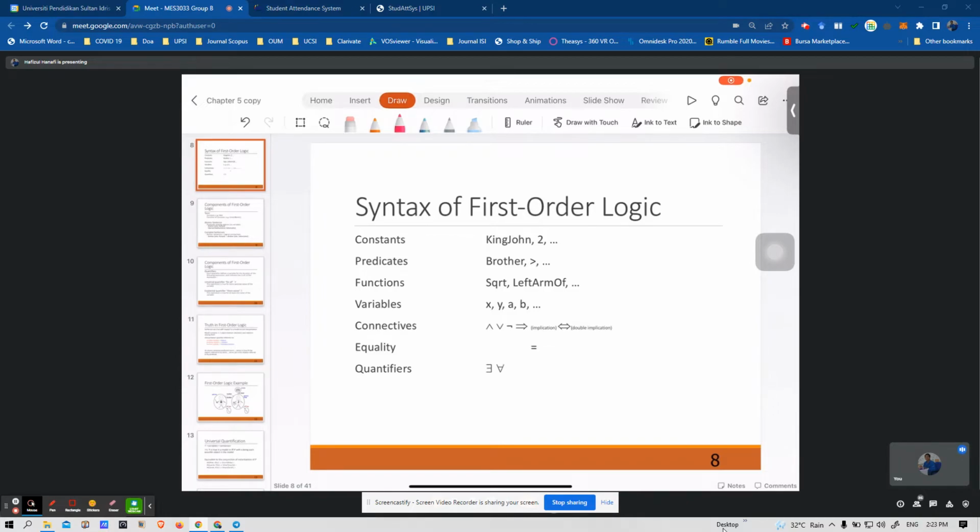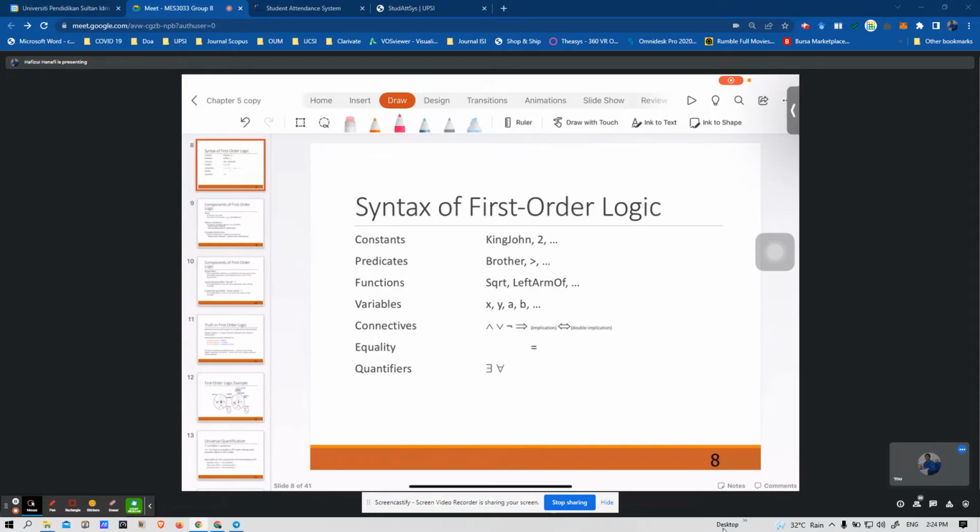And then we have predicates. A predicate in first order logic modifies or defines the properties of the subject, for example, brothers, greater than, equal to, less than.